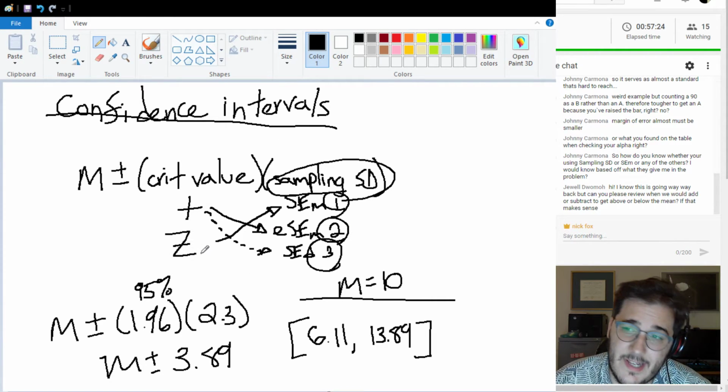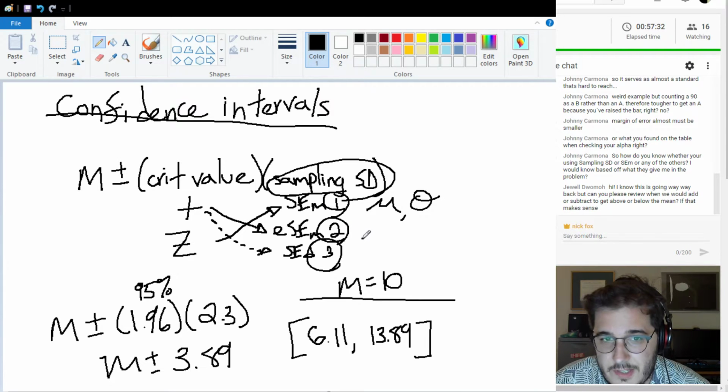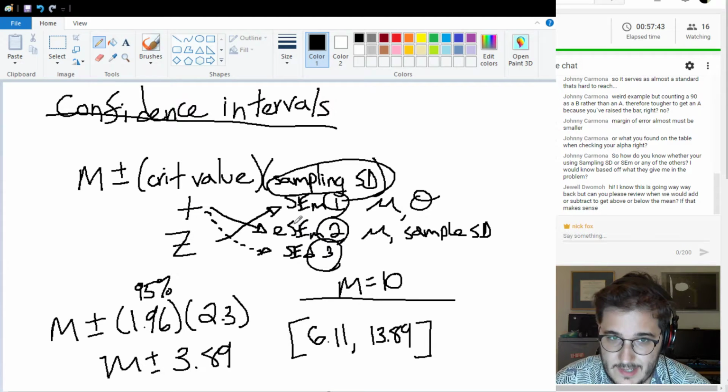If you're using a z-test, so you have mu and sigma, remember, then you use the SEM. If you just have mu and a sample SD, like you're doing a one sample t-test or a 2 sample t-test, you use this or this.